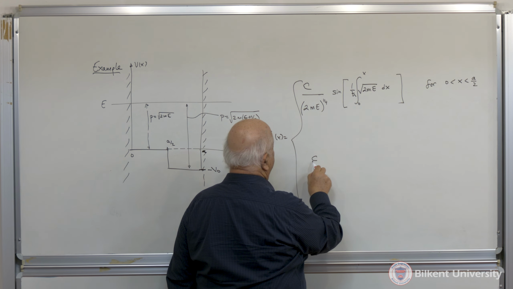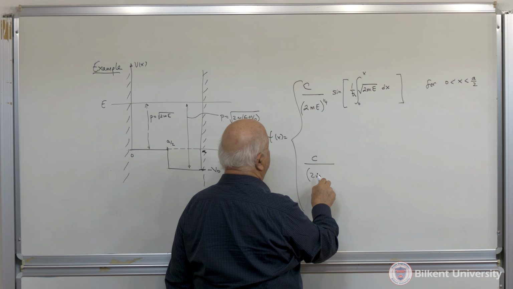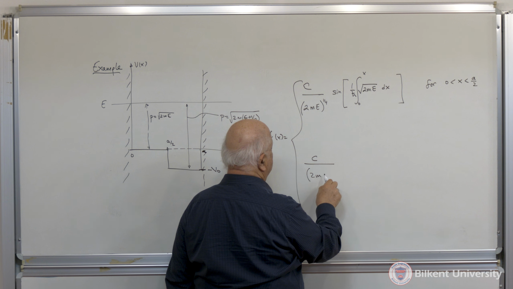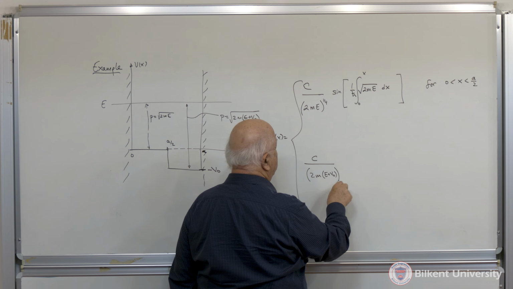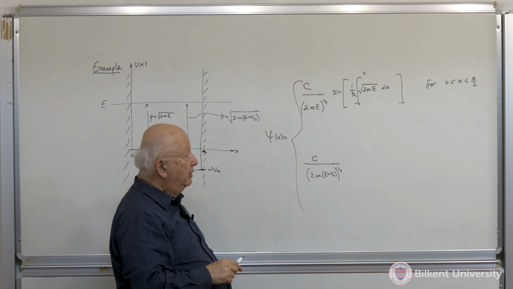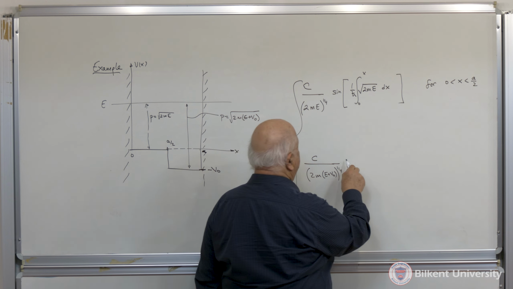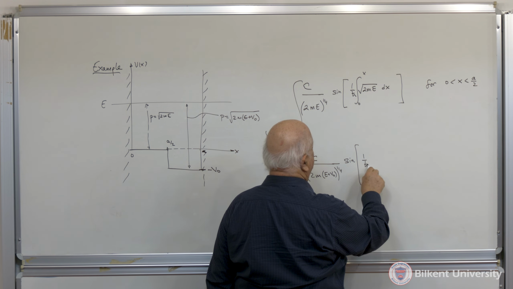Then I have to put the new momentum here, (2m(e plus V0)) to the 1/4 power. Then I have a sine of 1 over h bar.